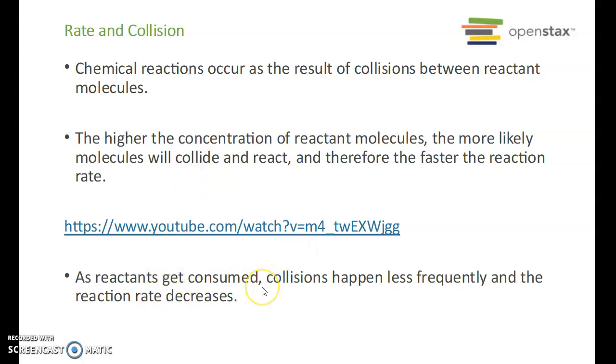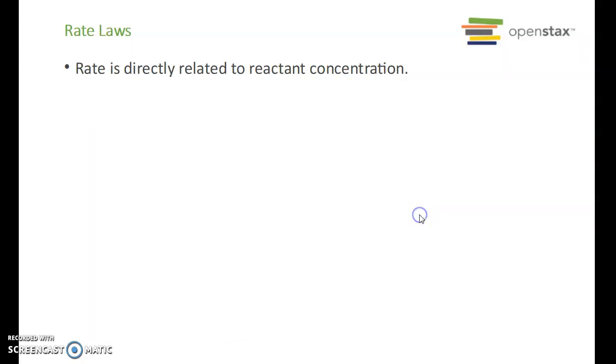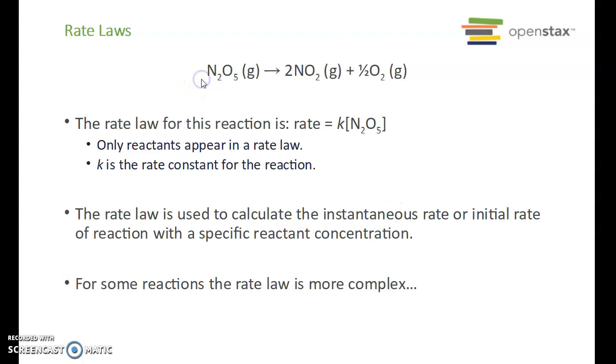We saw things like this when we added more and more sodium bicarbonate to an acid solution. As reactants get consumed, collisions happen less frequently, and the reaction rate decreases. That's why you get the overall fast upsurge and then a slowing down. So the reaction rate is directly related to reactant concentration.